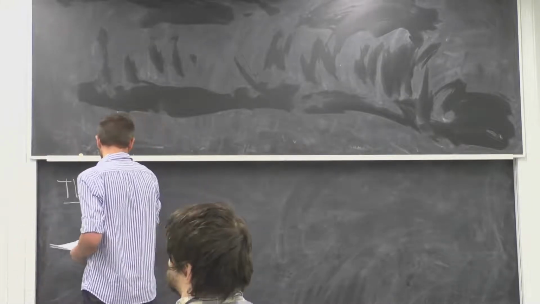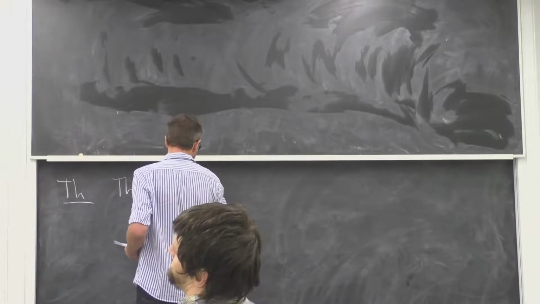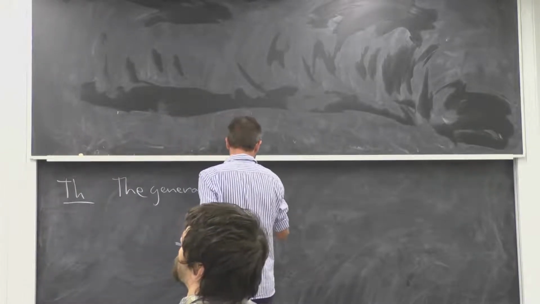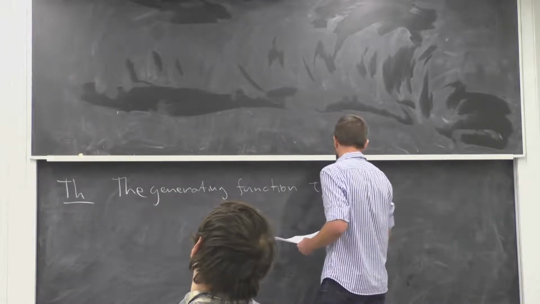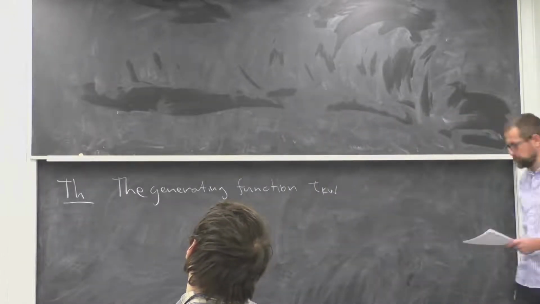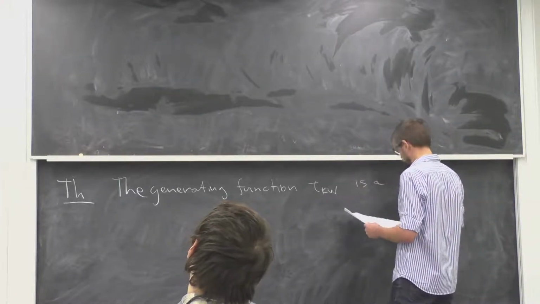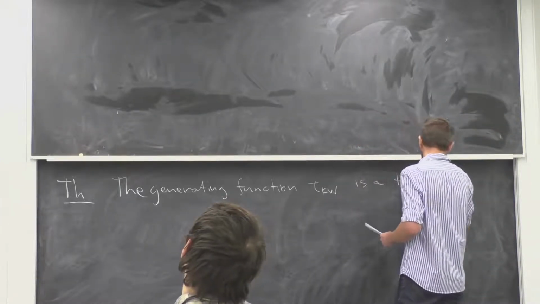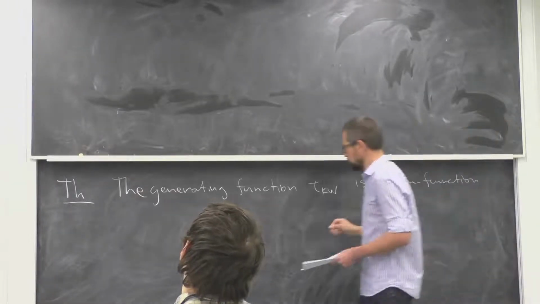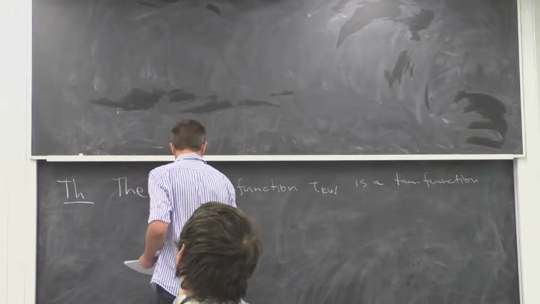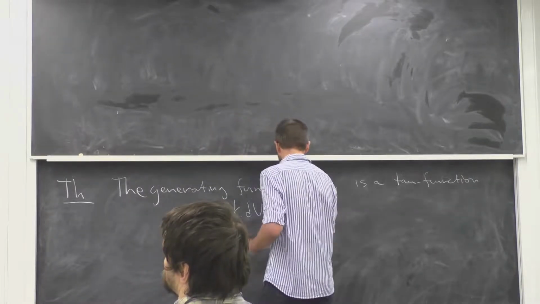The generating function, the Witten-Kontsevich tau function, is a tau function of the KdV hierarchy.